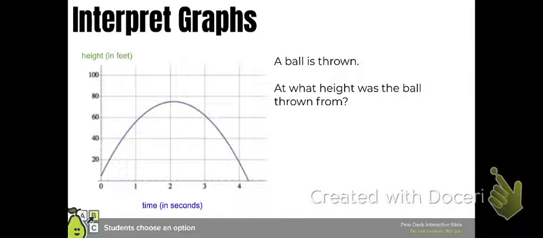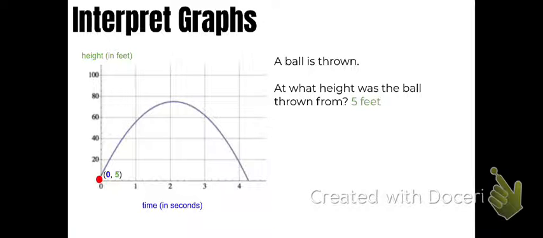At what height was the ball thrown from? This point right here is saying at 0 seconds, we're 5 feet off the ground. So 5 feet off the ground is where the ball was at the very beginning. So again, make sure you read the points with the labels and that you're looking at what question they are asking. Are they asking for the x-coordinate or the y-coordinate?